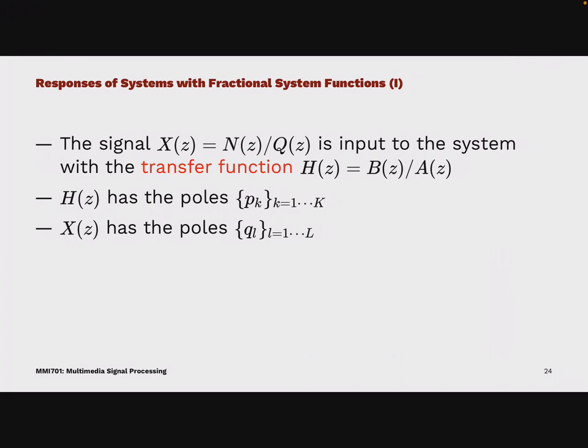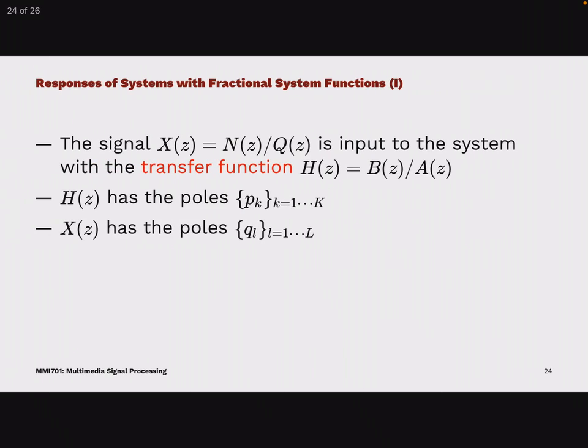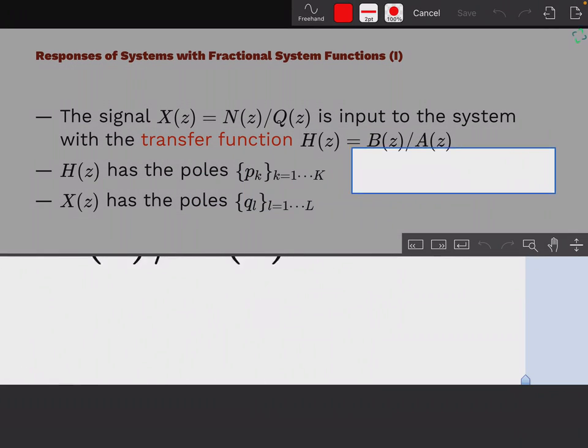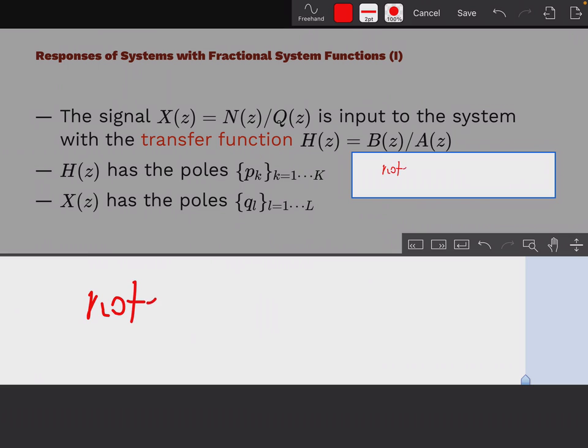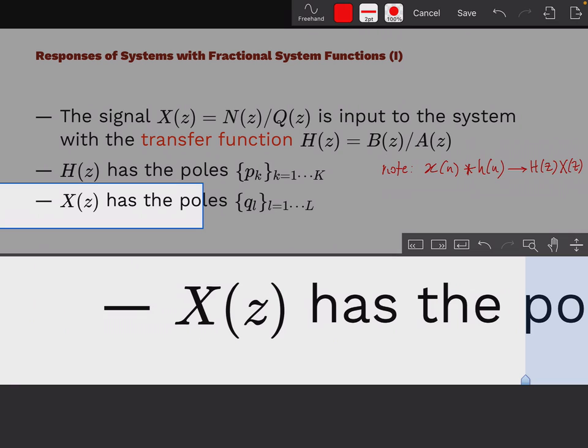Now, something we would need to remember is if we have a signal x of n and we're convolving with an impulse response h of n, in z domain via the convolution theorem, we have the z transform as the product of these two z transforms.